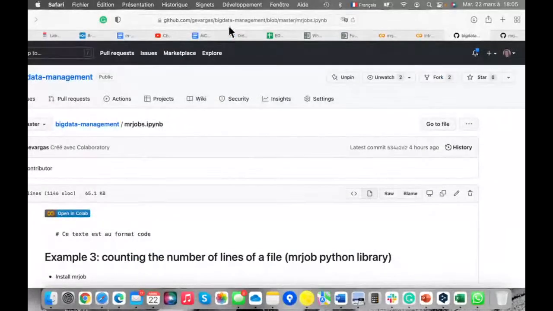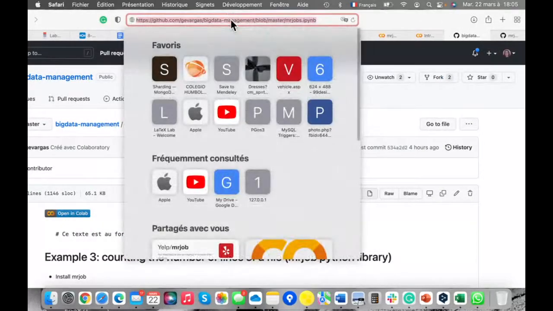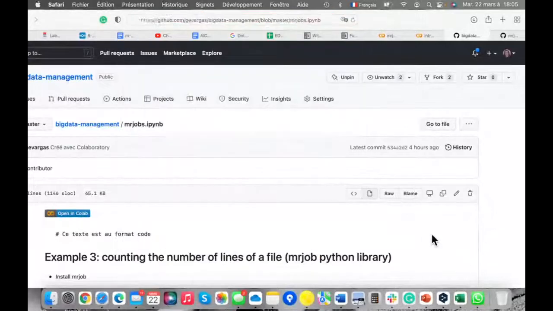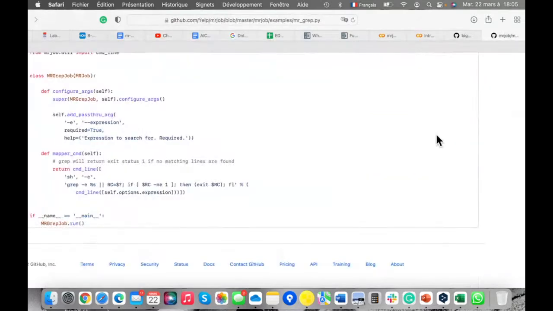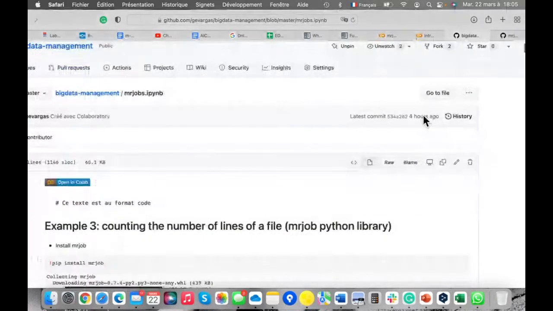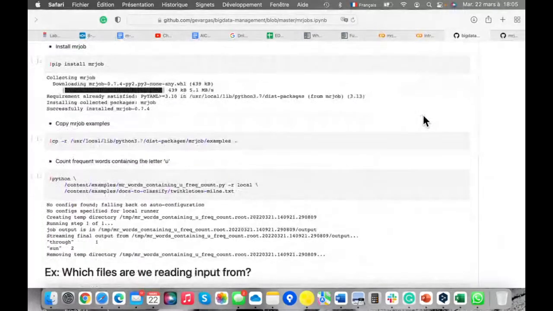Sorry, doctor. I just wanted to confirm a very simple doubt. Is MRJob just what allows Hadoop to communicate or understand, interpret Python code? In fact, what MRJob provides is, first of all, a lot of pre-programmed examples of MapReduce problems.